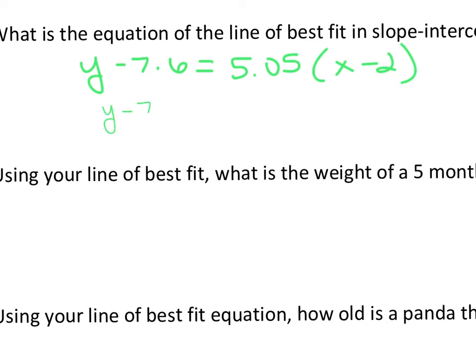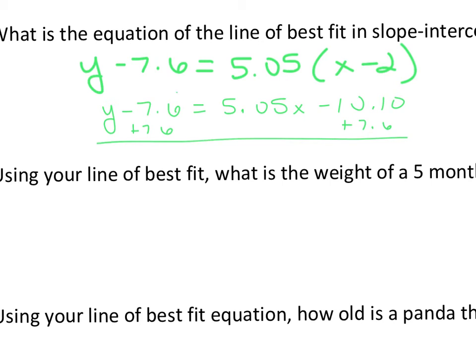So y minus 7.6 equals 5.05x minus 10.1, or 10.10. And then I'm going to add that 7.6 over to the other side. So I get y equals 5.05x, and then negative 10.10 plus 7.6, I'm getting negative 2.5.